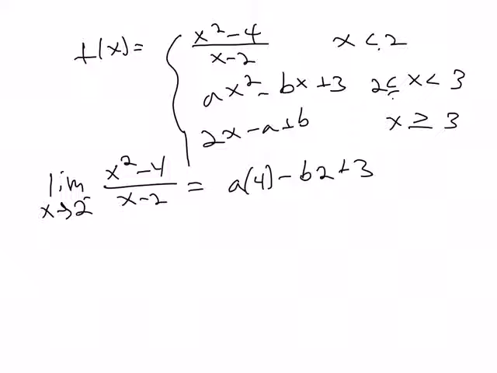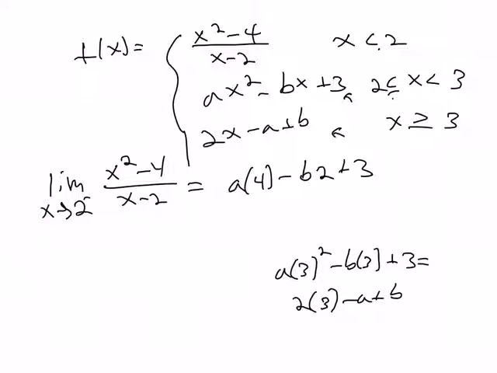This is one thing that we want. And another thing that we want, because this is continuous and this is continuous everywhere, we can just plug in 3. So another thing that we want is for a times 3 squared minus b times 3 plus 3 to just equal, straight out plugging everything in, 2 times 3 minus a plus b. That's another thing that we want. First, let's look at this.